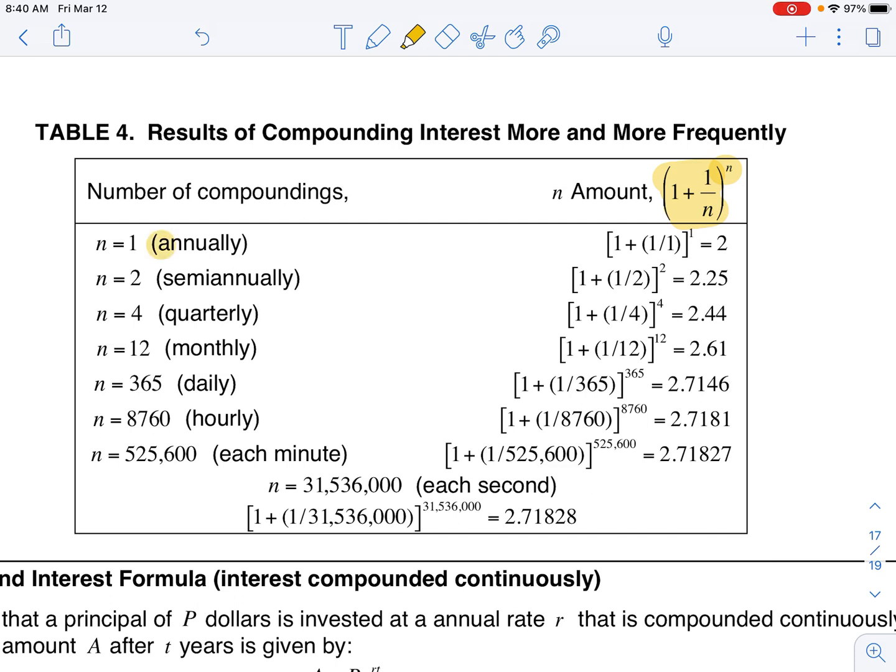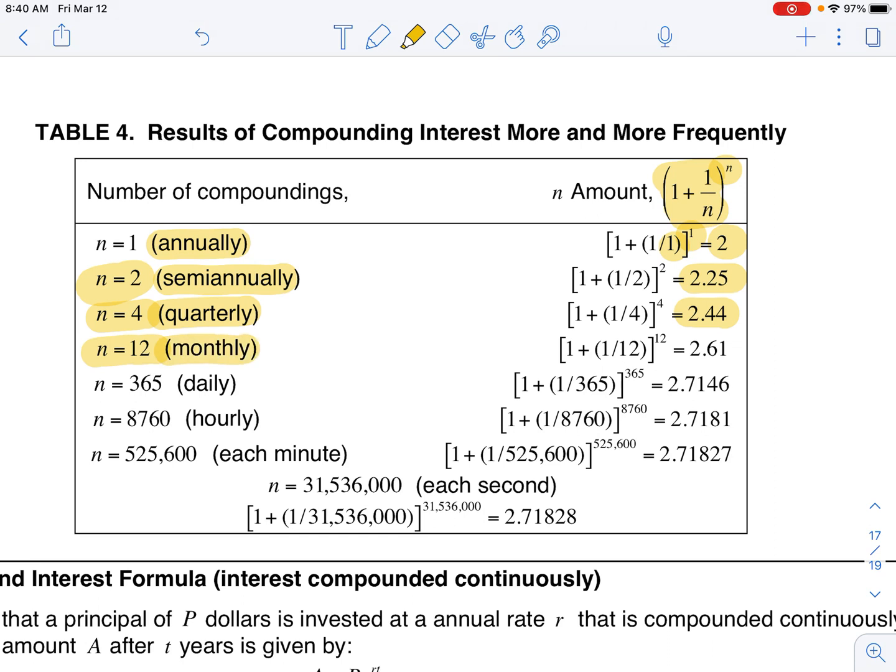What happens if we just do it annually? N is 1, so we just get this answer of 2. When we do it semi-annually, that's an N of 2, we get 2.25. If we do it quarterly, 4 times a year, we get 2.44. You see how much this is increasing, and so we are getting a better rate of return.